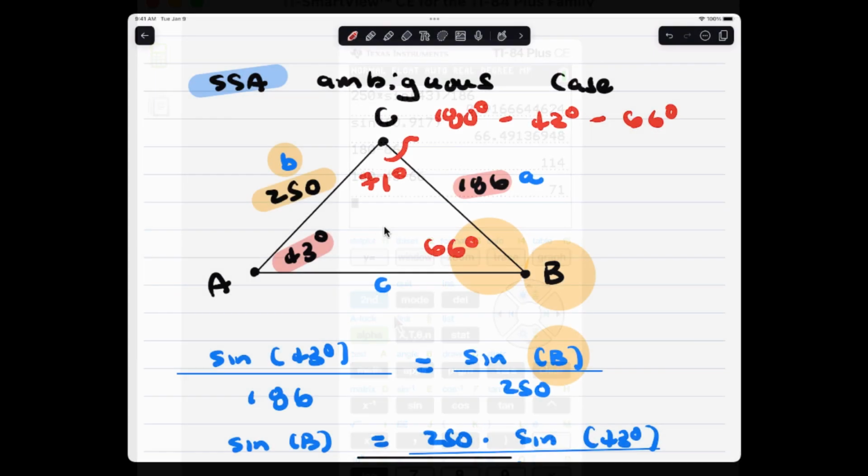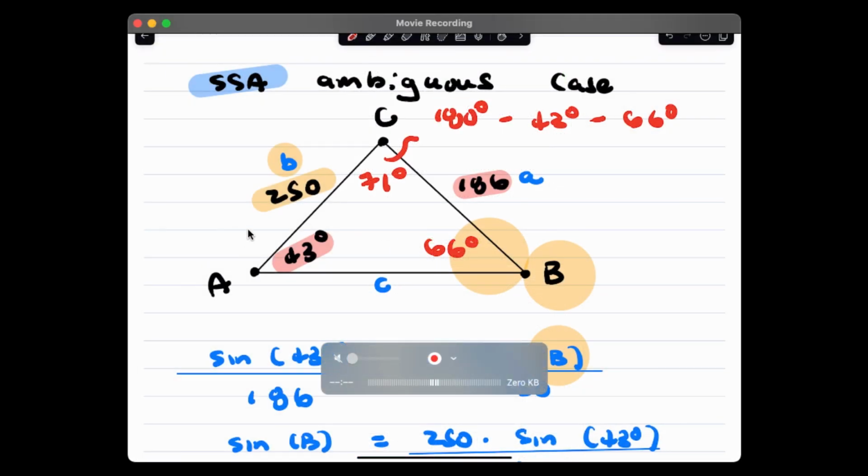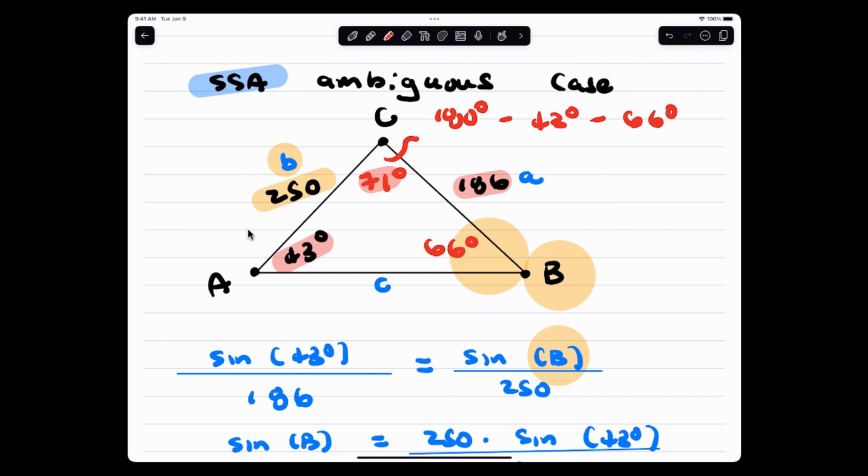Is that true? So we got that angle. That's 71 degrees here.